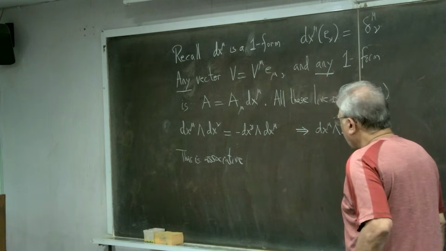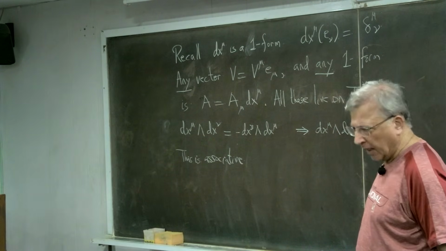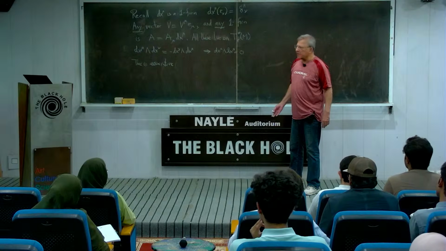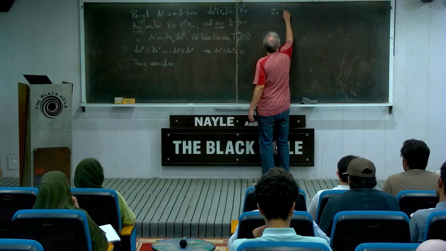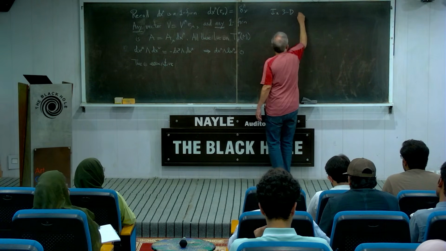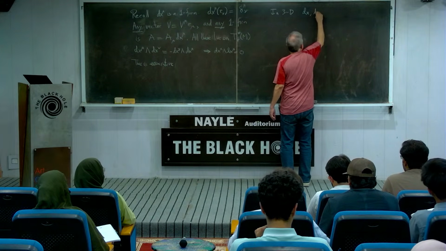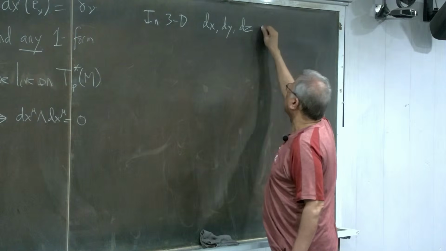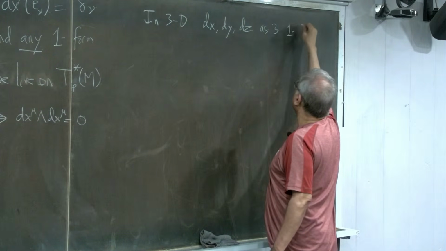Now, this is very much like the cross product, and in 3D, we would have dx, dy, dz as three one forms.